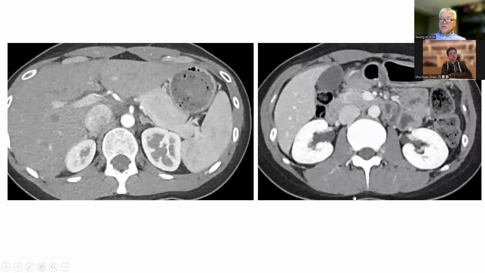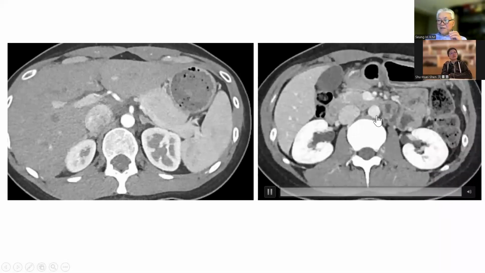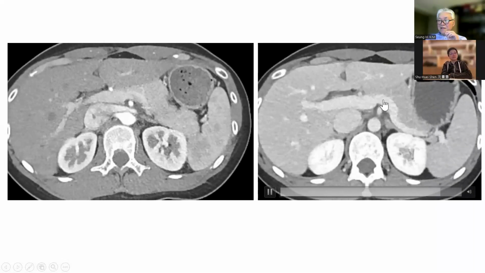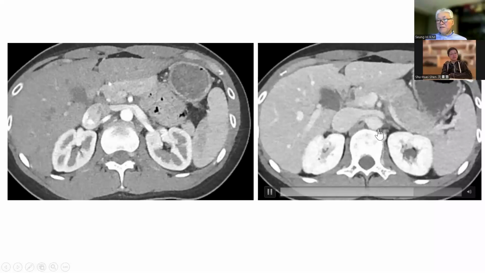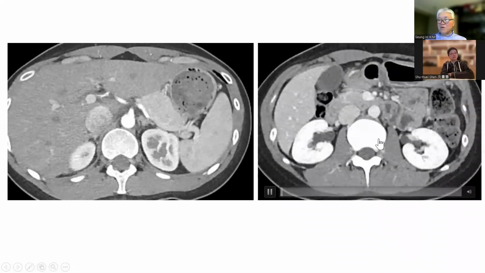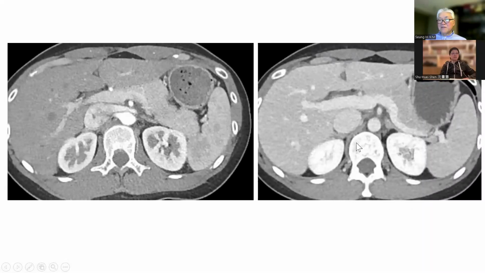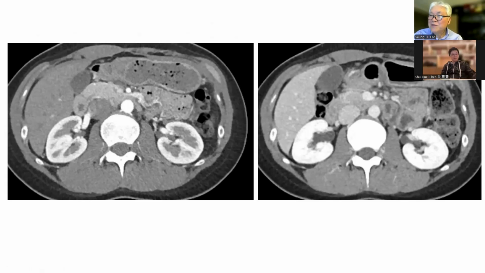So my recommendation is, whenever you see a CT scan, just look once at this left renal vein, and we may find a clue that may help the patient significantly. So, okay, that is all I want to say today.